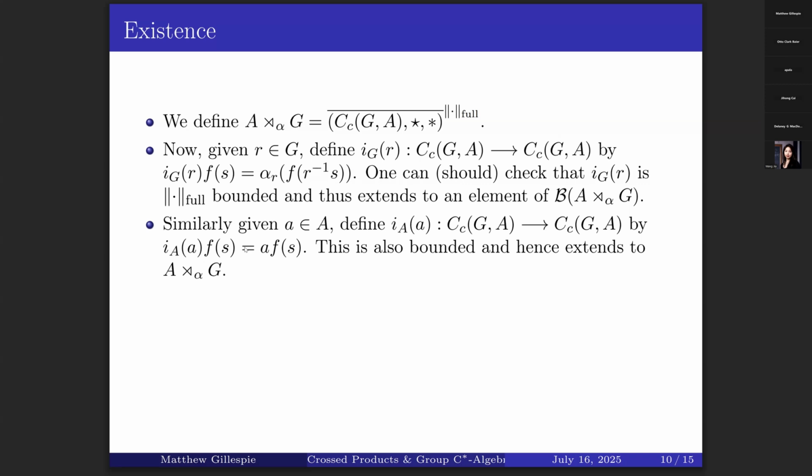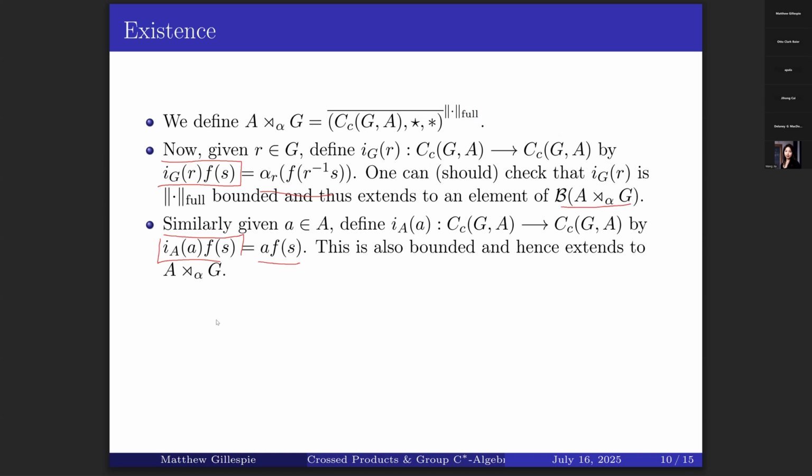The basic idea is that you can define a bounded operator between the C_c(G, A) functions in itself by these particular formulas here. So i_G of f does this thing, and i_A does this thing. These will extend because they're bounded to bounded operators of the C-star algebra A cross G.